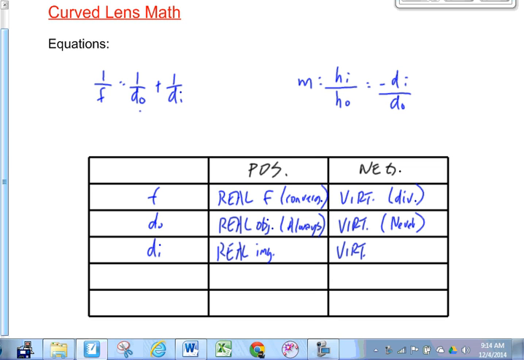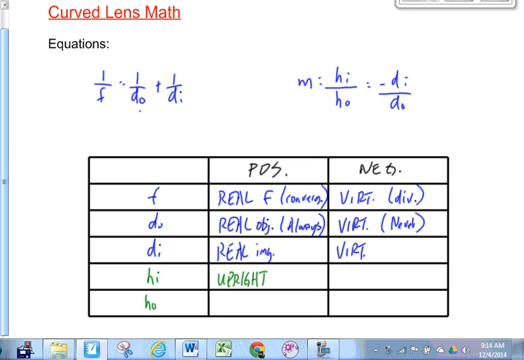Next 2 variables, we had HI and HO. What did HI stand for? Yep. The height of the image, usually measured in centimeters, but can be whatever, as long as you're consistent. HO is the height of the object. What's the pattern for HI and HO, whether they're positive or negative? Good.